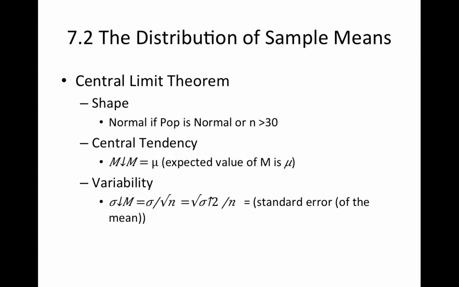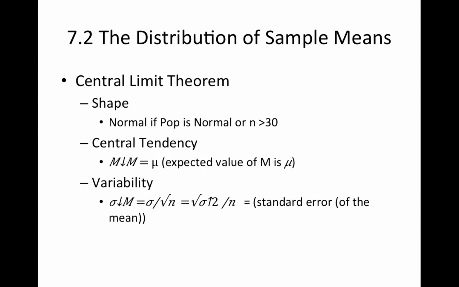So that, again, is something that we saw when we were doing those interactive demonstrations in lab last week. So we know something about the shape as long as we have more than 30 as our sample size. And another criteria is, if we originally had a normal distribution, well then we actually don't need a large sample size. As long as that original distribution is normal, then we're going to get a normally distributed distribution of sample means.